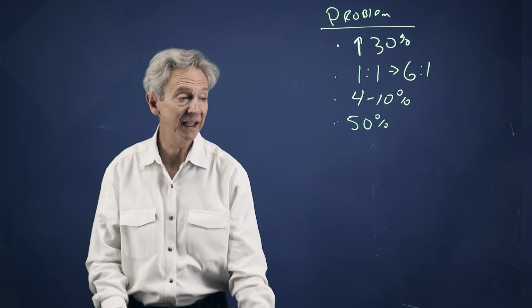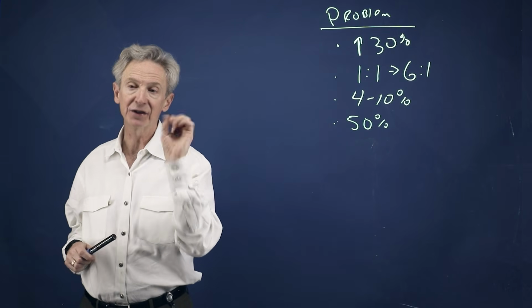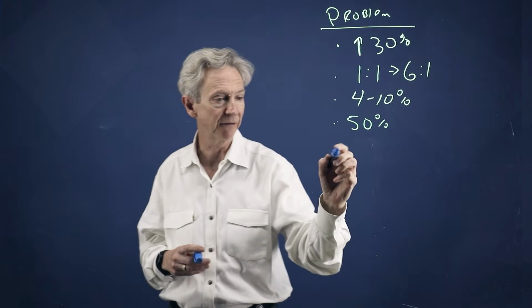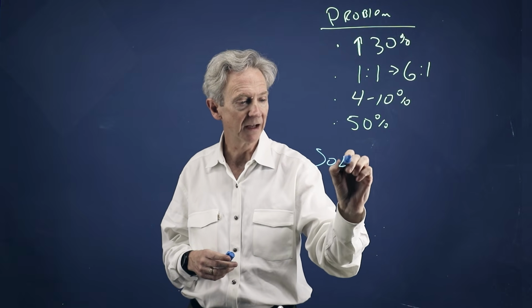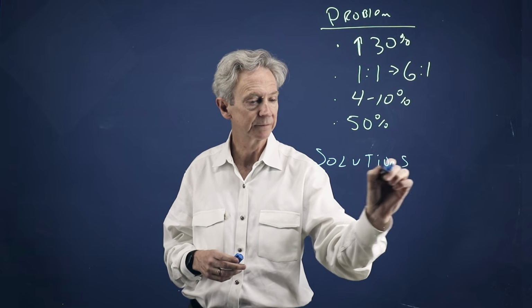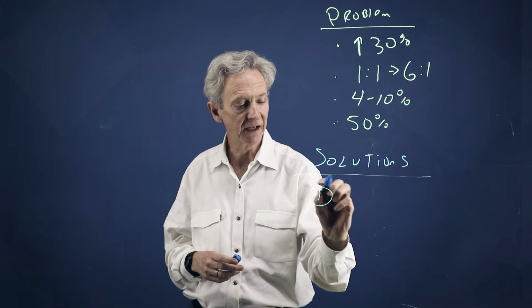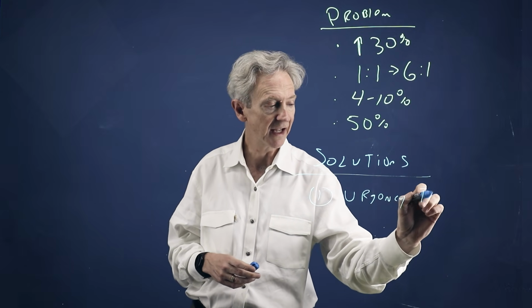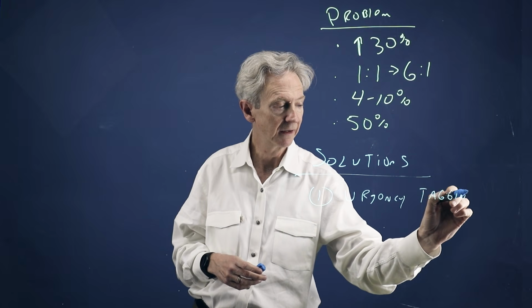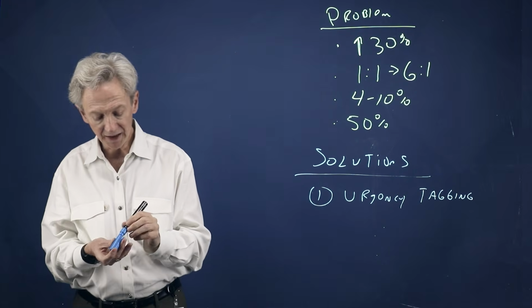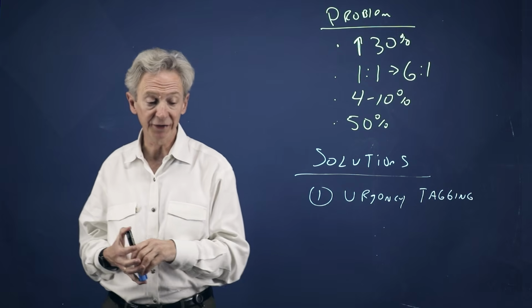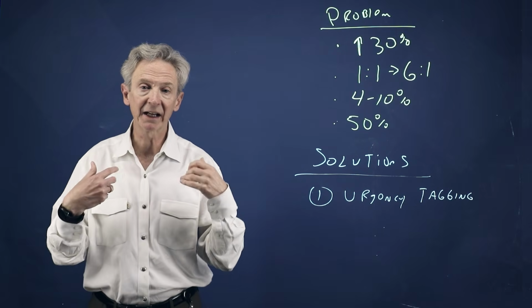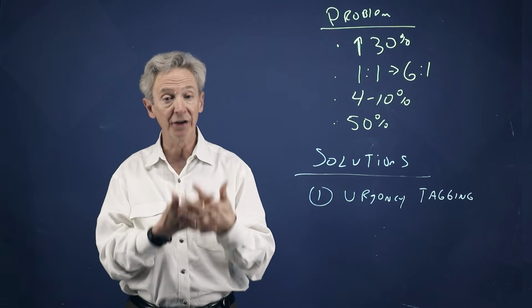I am seeing 3 kinds of solutions out there, or 3 different parts of the problem. The first solution is urgency tagging. Many people are training models to automatically recognize whether a patient message is urgent or not.